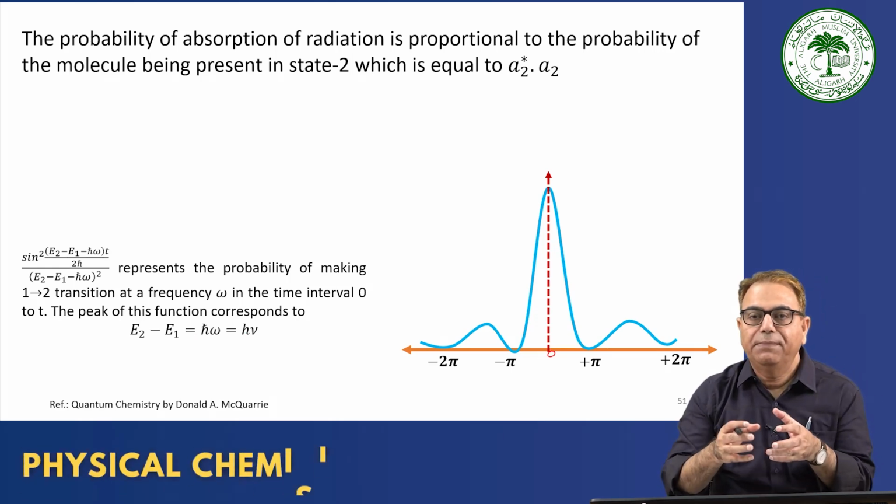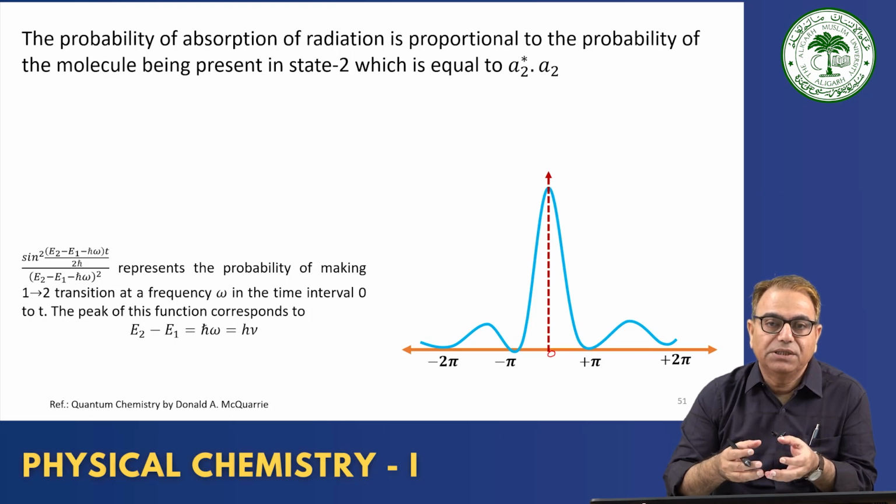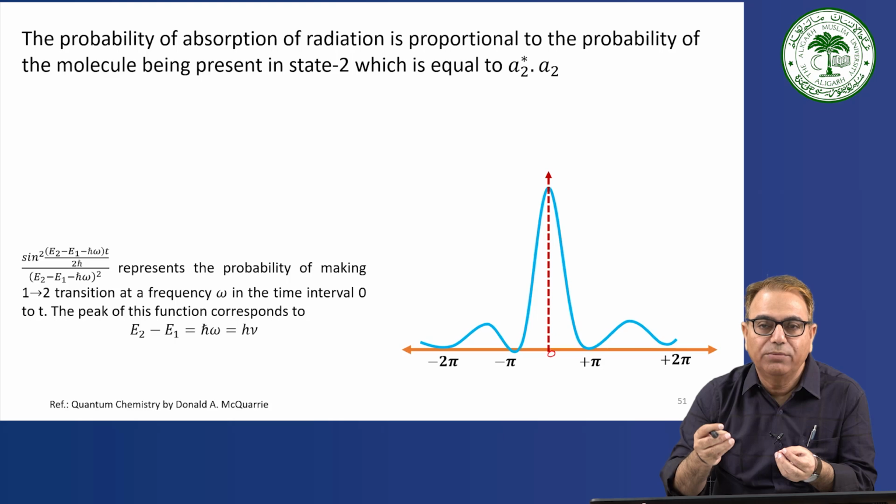So using the time dependent Schrodinger wave equation in time dependent perturbation, we got a relationship which relates the transition moment integral to the probability of finding the system in the higher energy state when electromagnetic radiation falls on the molecule.